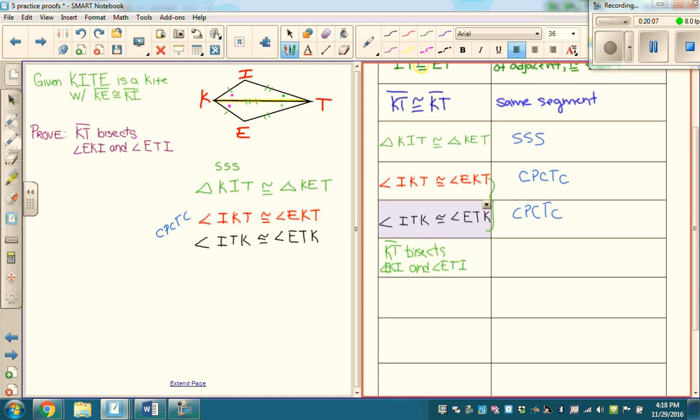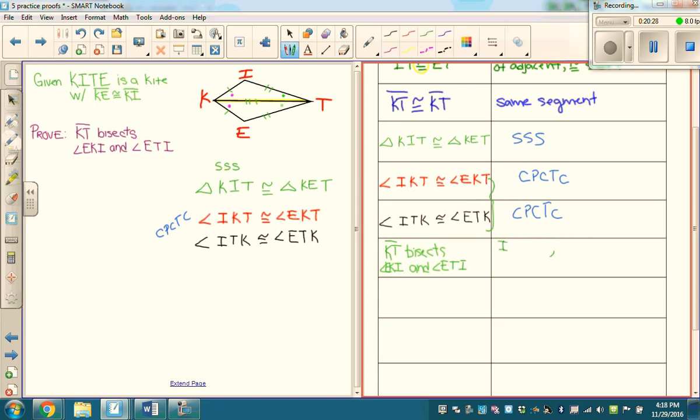We've shown an angle's been divided into two congruent parts. So we just say if an angle is, and what's dividing the angle? It's really a segment, so we should be a little more specific.